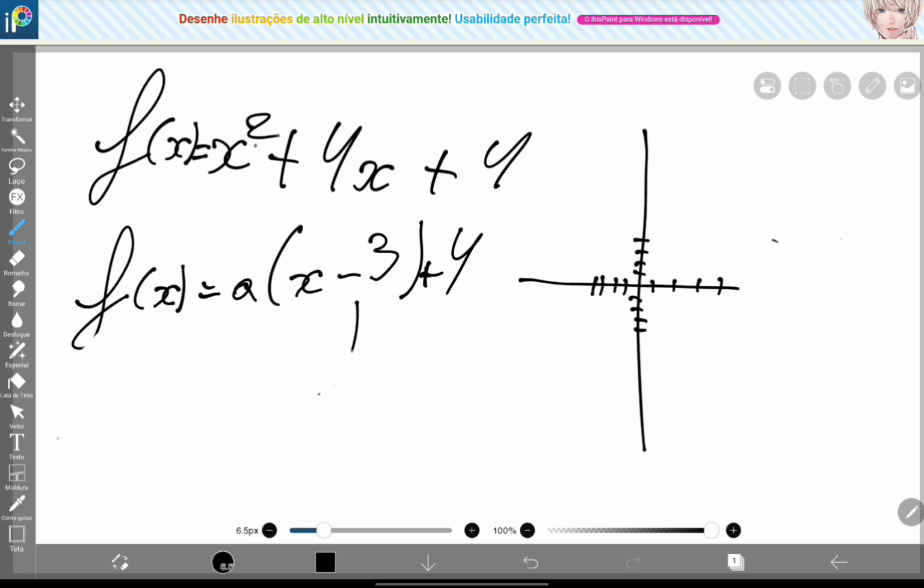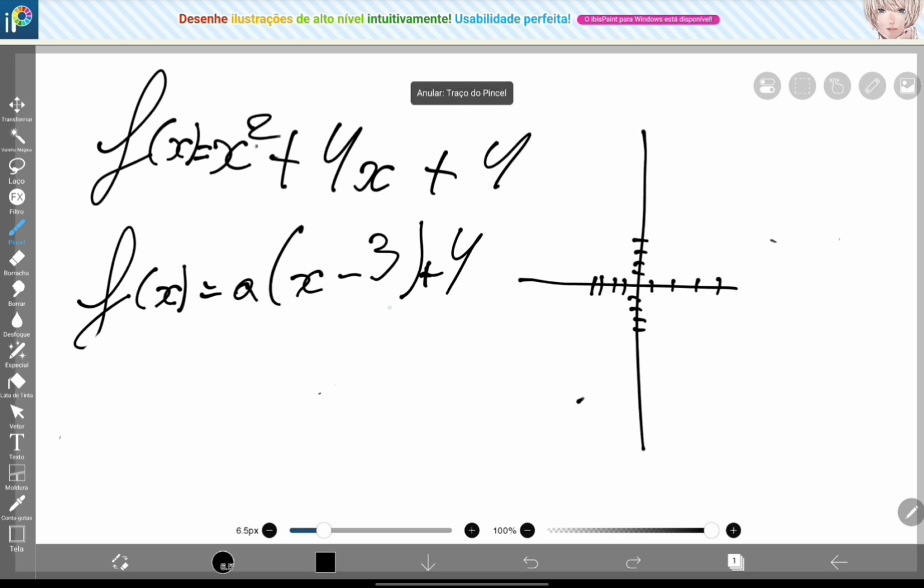So the h and the k show us how it was displaced, how it was translated. Translação in Portuguese, translated, because I don't know the word in English. I forgot to put the square on top.